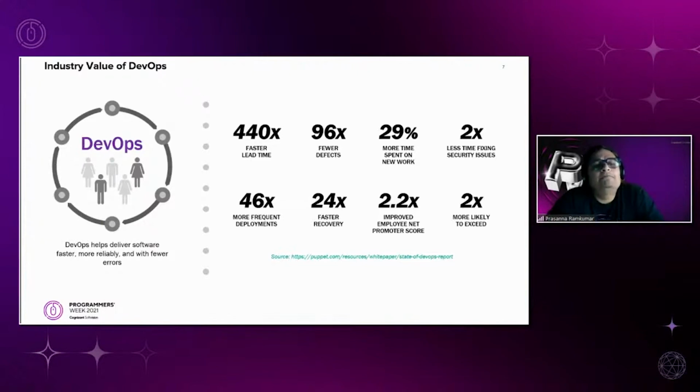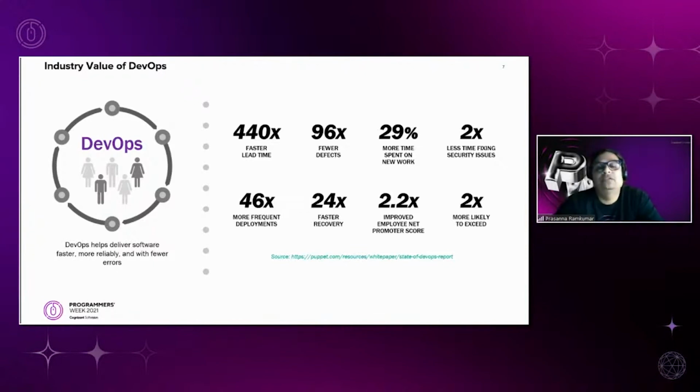Here are some of the industry metrics on a mature DevOps, where people have done mature DevOps. When they say 440 times faster lead time, it is basically that they've improved from feature inception, someone thinking about it, to getting it to production. So the speed to get that.